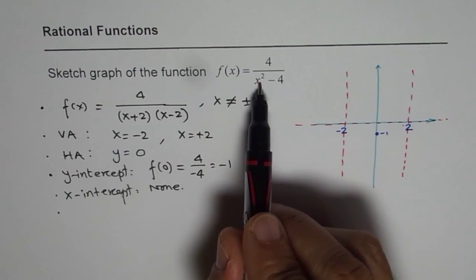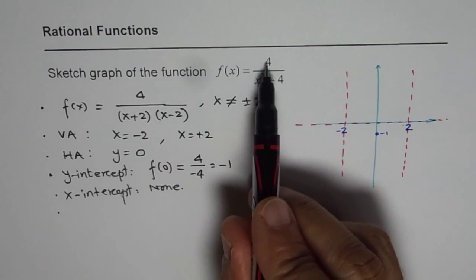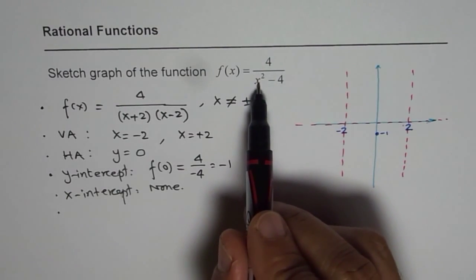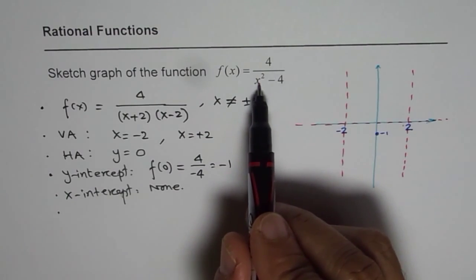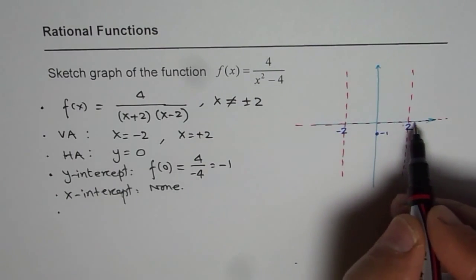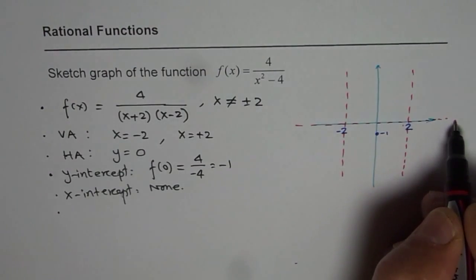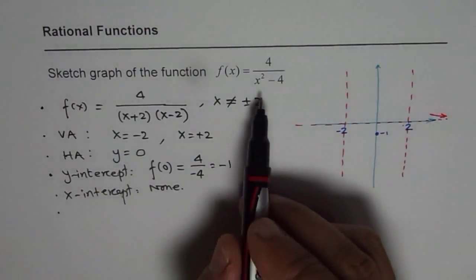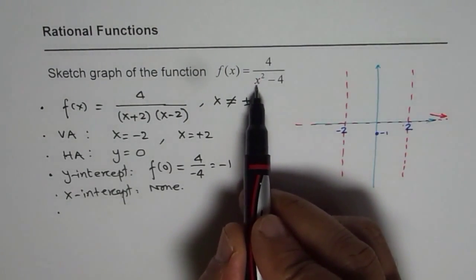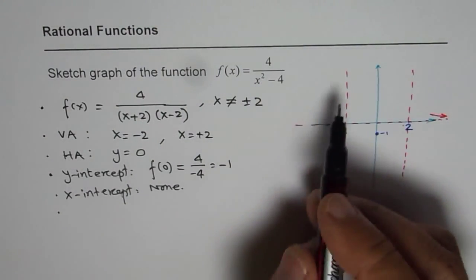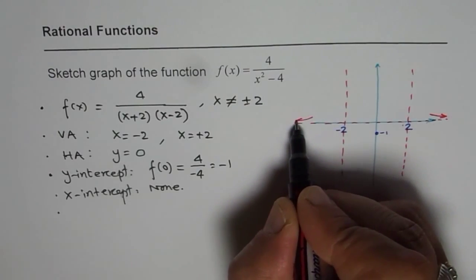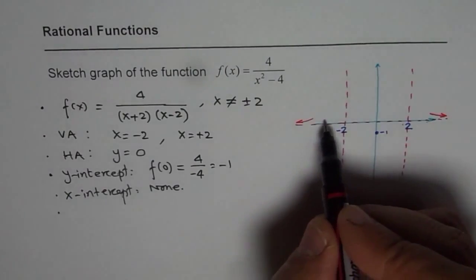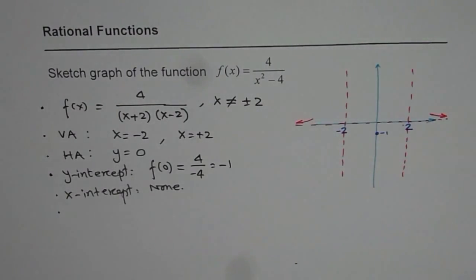It will be 4 over 1000 squared minus something, which is definitely a positive thing, right? So we are approaching the horizontal axis from the positive side, from the top, like this. If I write minus 1000, even then minus 1000 squared will be positive. So both ways we are approaching from the positive side.